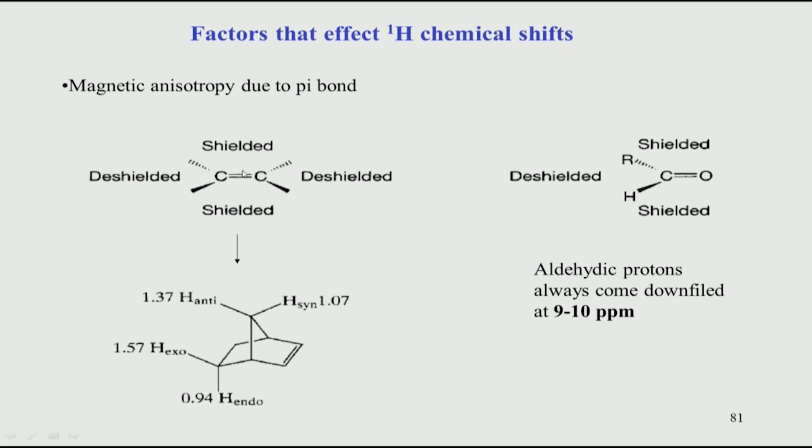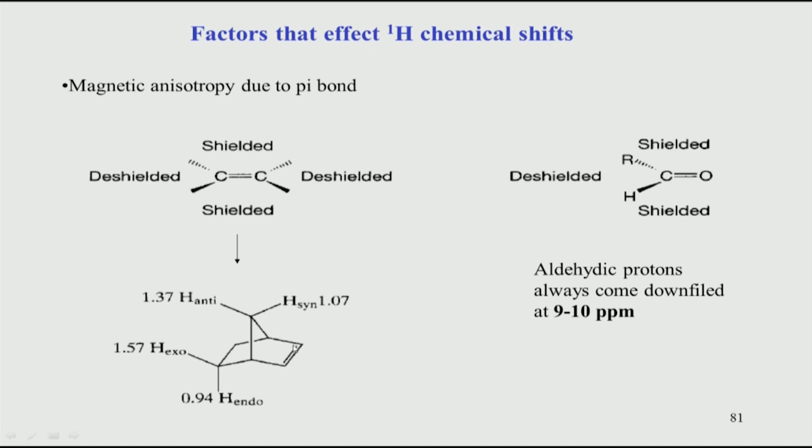Again, if you look at this particular molecule, there is a pi bond here. This particular region is the shielded region, that is, there is more electron density here compared to this region of the carbon. So, any hydrogen located on this side will be deshielded, meaning it will come at a higher ppm value compared to a hydrogen atom located above the C double bond C. That is what is shown here in this particular molecule.